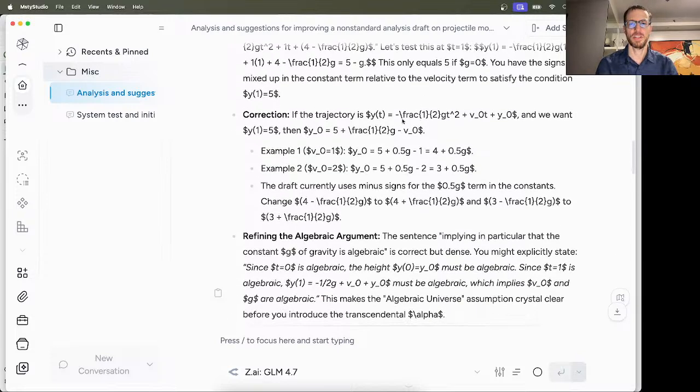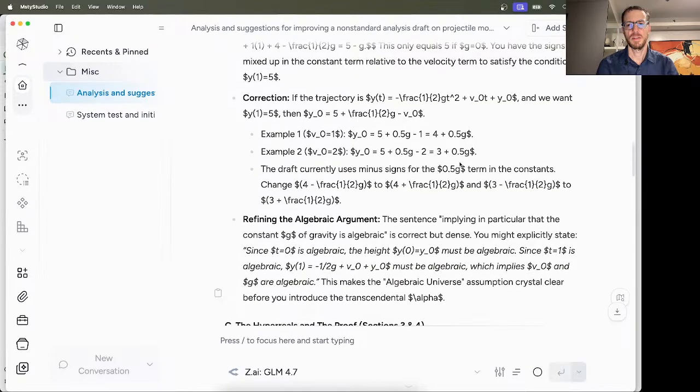Oh, it offers a correction. Example 1, y0 equals 5 plus 0.5 g minus 1. Change 4 minus 1/2 g to 4 plus 1/2 g.